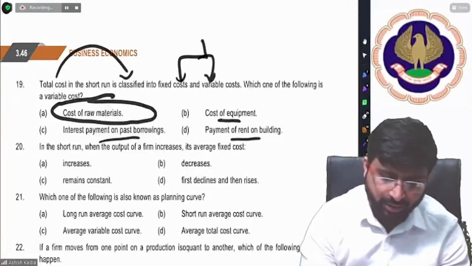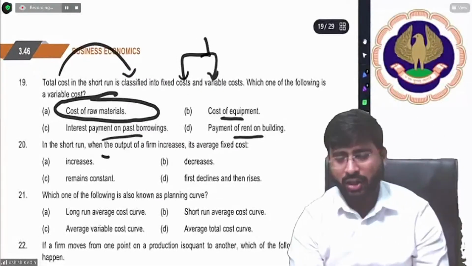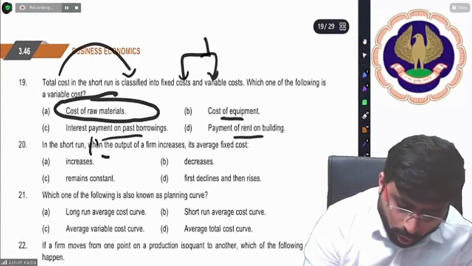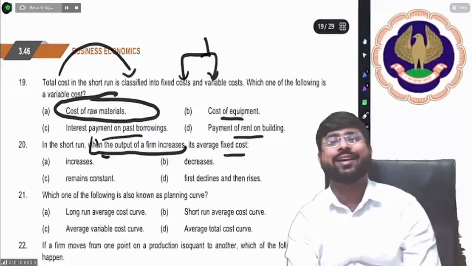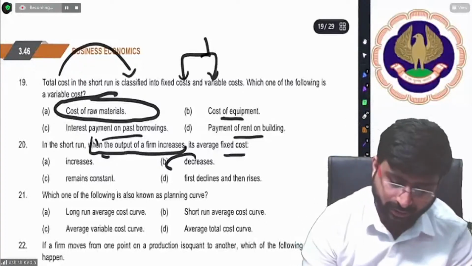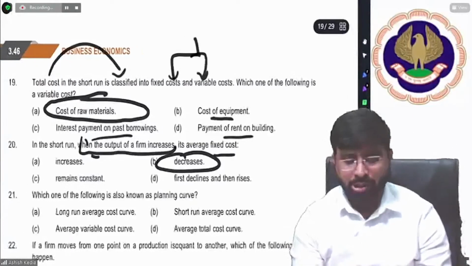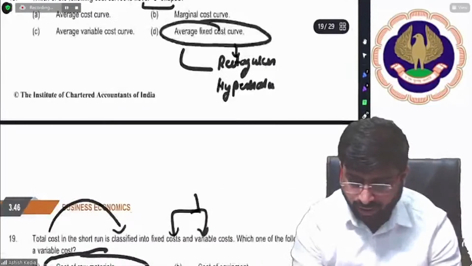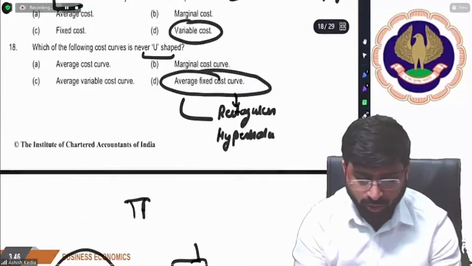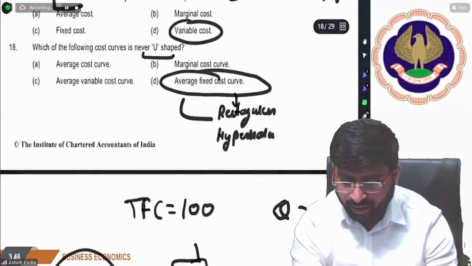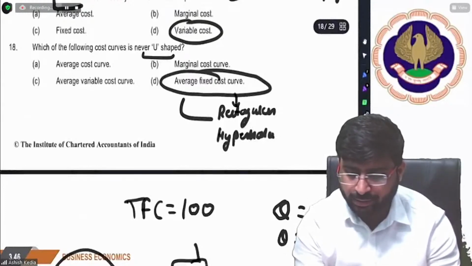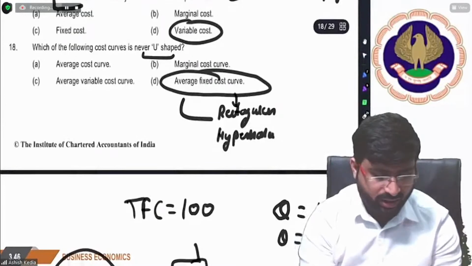Then the question is, in the short run, when the output of a firm increases, its average fixed cost will decrease. As I have already told you, suppose total fixed cost is 100 rupees. Now quantity can be 1, 2, 3.